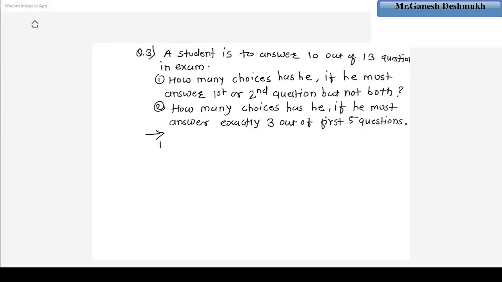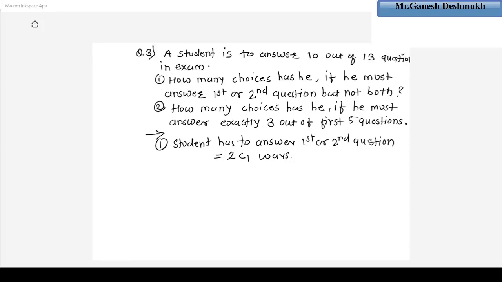So the student has to answer either the first question or the second question out of the 2 questions. This can be done in 2C1 ways.